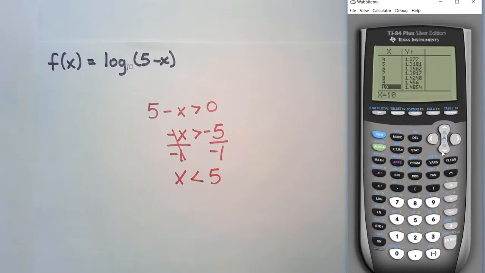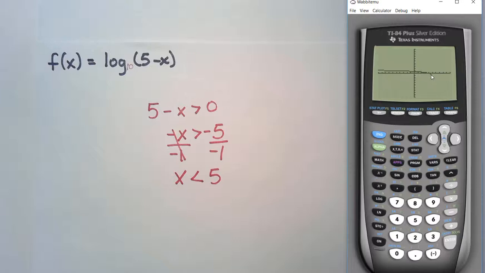How will we write this in interval notation? Now, if you want to graph this to see, let's clear this. We can say log of 5 minus x, close it, and then our graph, here we go.